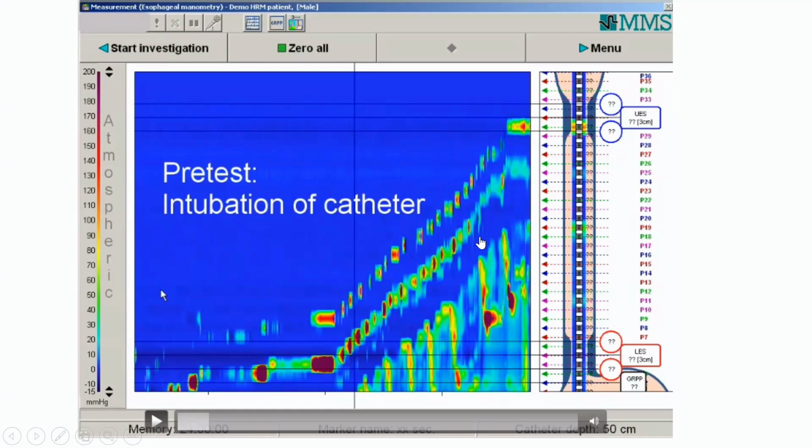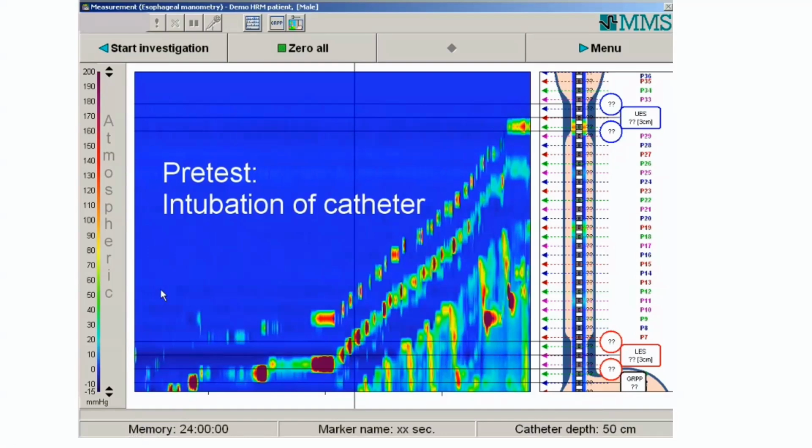In general, the depth of the catheters is between 45 and up to 54 centimeters. It depends on how tall the patient is, but it means I can expect the depth.